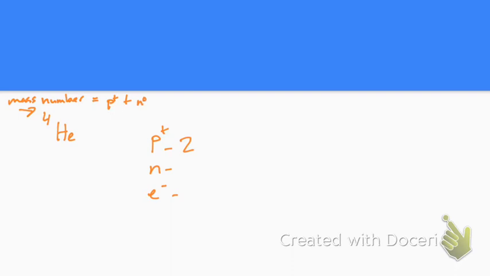So if my protons are 2 and my mass number is 4, my neutrons have to be 2, because 2 plus 2 equals 4. For the electrons, there is no charge, which means it's neutral. So if I have 2 protons, or 2 positives, I need 2 negatives. These are my protons, neutrons, and electrons in this case.